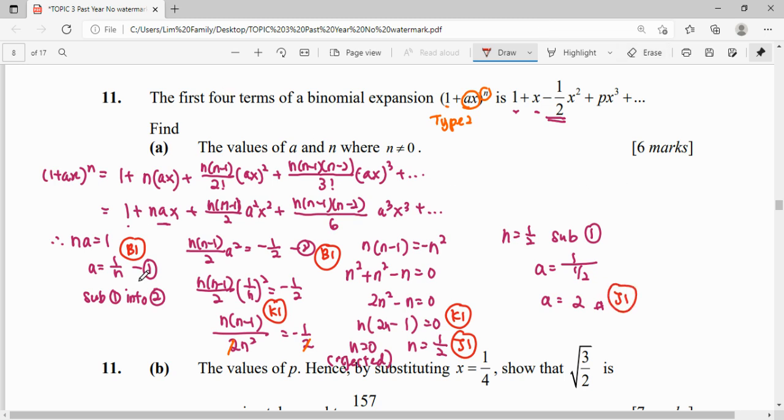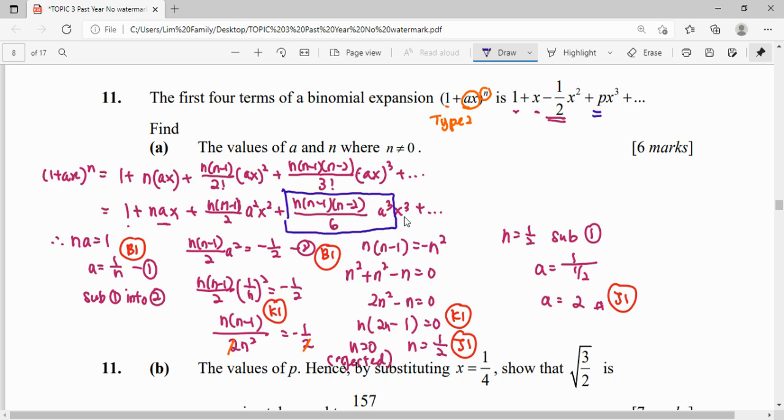Then we are going to move on to p, find the value of p. The value of p here is the coefficient of x cubed. So you can see here the value of p is the coefficient of x cubed.